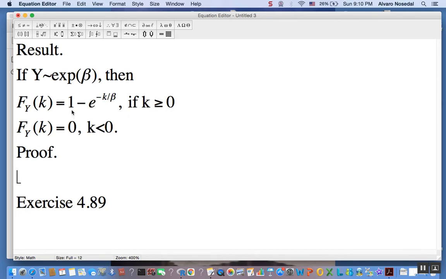Okay, so in that case the CDF will be given by 1 minus e to the negative k divided by beta. I'm just using a different letter here, so we are evaluating at a number k that is a non-negative real number. And in the case that you have a negative number, well, the CDF will be 0. Okay, let's try and show that.